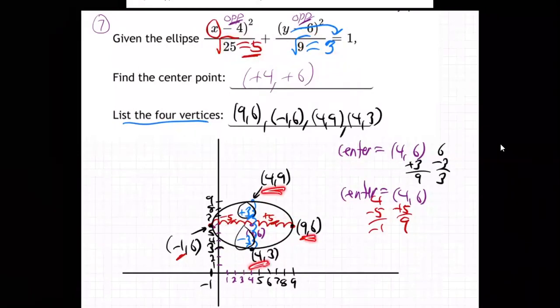And then just write the coordinates, in any order, separated with commas. I also gave you another way. You could take the center, 4, 6, and add 3 and subtract 3 for the y value, up and down. And for right and left, it was 5, so add 5 and subtract 5 to the x value, and you get the other edge point x values. So there we go.